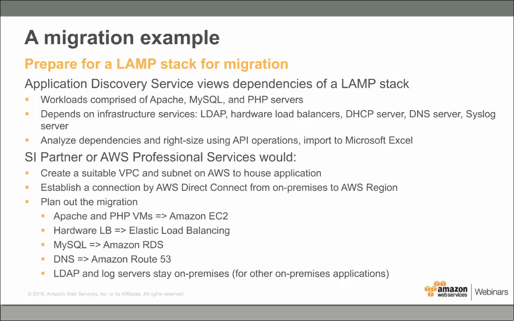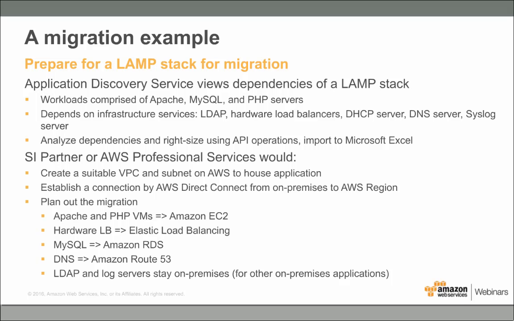And then you want to identify and analyze dependencies and right size using API operations. Think about something as basic as: identify this LAMP stack, identify performance, export them into a CSV so that you can import them into something as basic as Microsoft Excel.